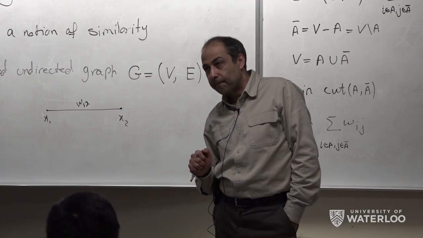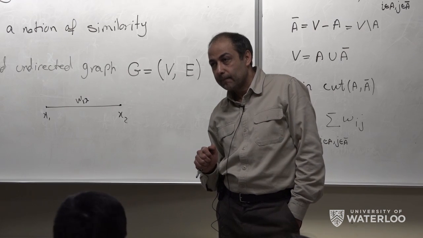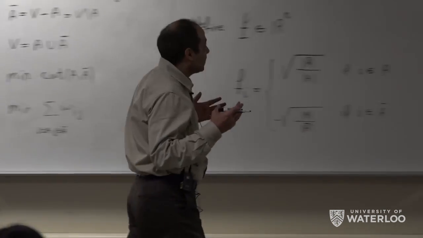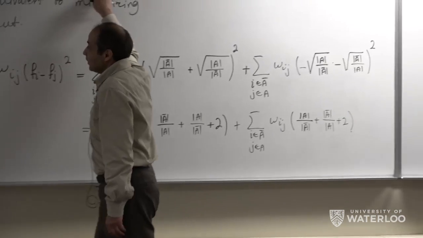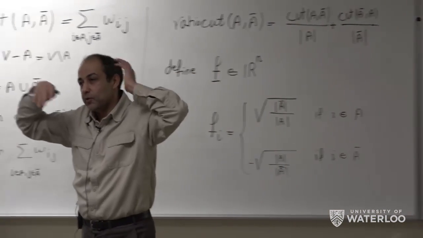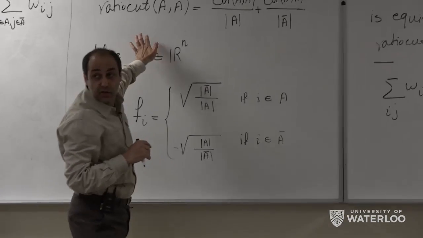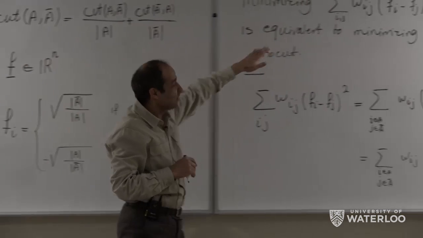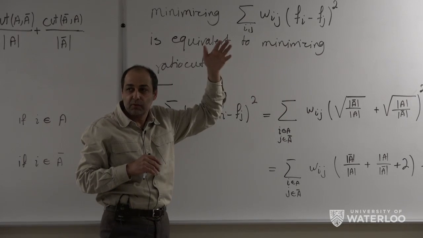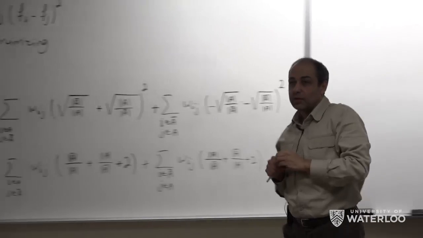We don't know which one is from A. The only thing I want to show is that if you optimize this, it's the same as optimizing this. I haven't minimized the ratio cut yet. My claim is that if I minimize this, it's identical to minimizing ratio cut.